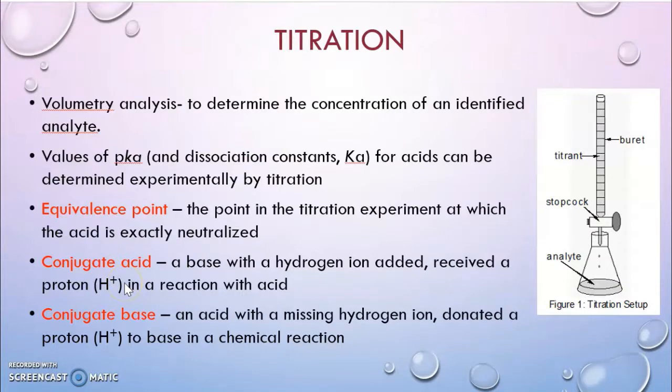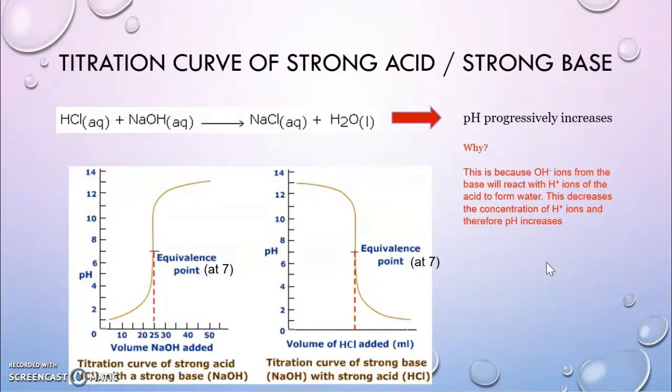And now I'd like to highlight the second very important aspect in titration, which is the equivalence point. What is the equivalence point? Equivalence point is defined as the point in the titration experiment at which the acid is exactly neutralized. Now we try to search for the equivalence point of a titration experiment between a strong acid and a strong base. The equivalence point could be determined by looking at the titration curve.